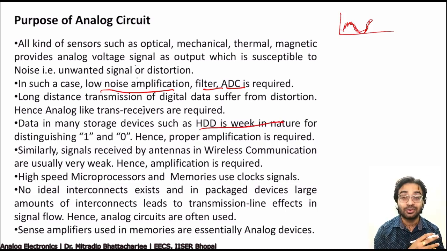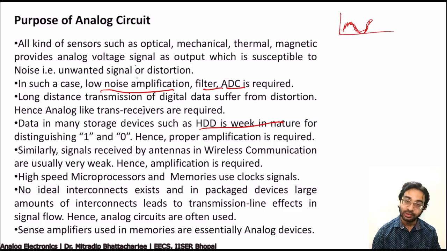I have shown you that the noise level can go up to as high as 2 millivolt. So recovery of the data from the hard disk is required, and this is done by analog circuits. So in this case also you need analog circuits.